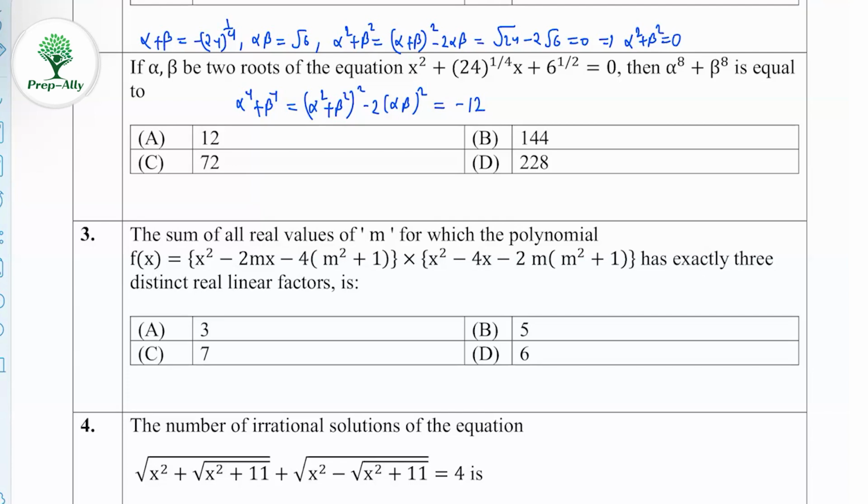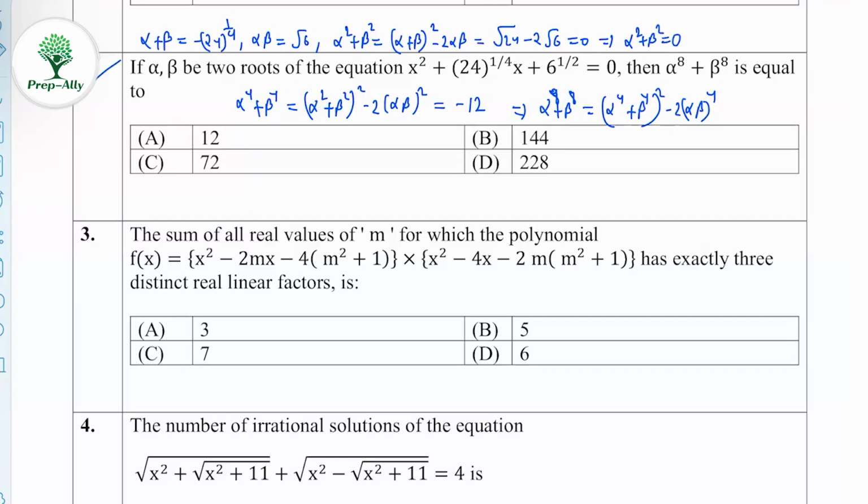Now we have alpha power 4 plus beta power 4. In the same way, we can calculate alpha power 8 plus beta power 8, which is alpha power 4 plus beta power 4 whole square minus 2 alpha beta power 4. Using that, you can find alpha power 8 plus beta power 8.